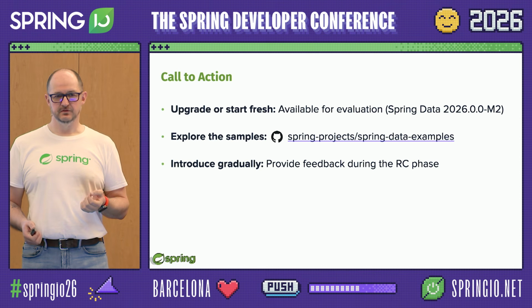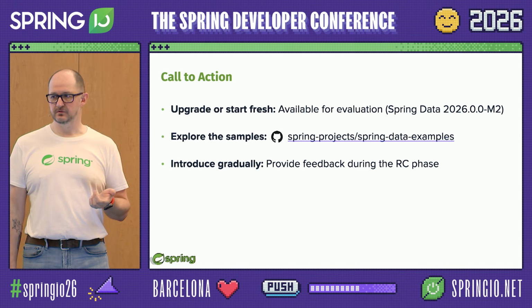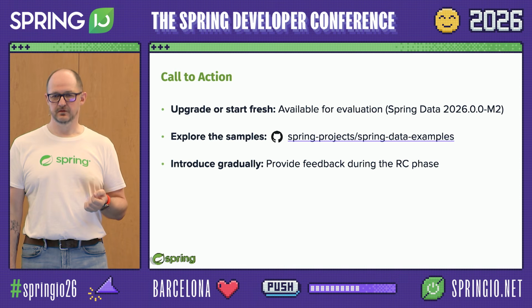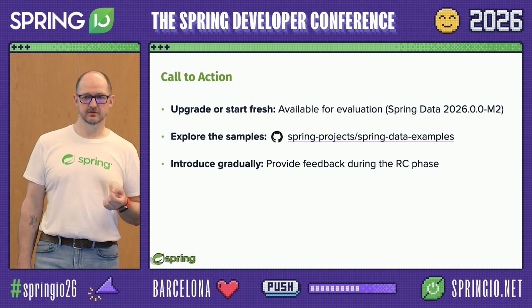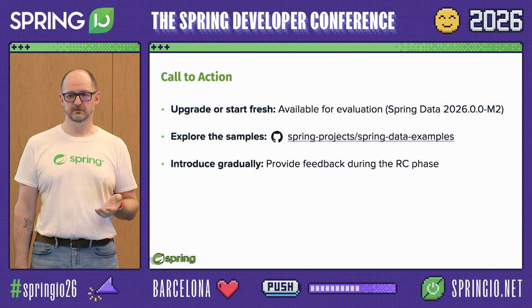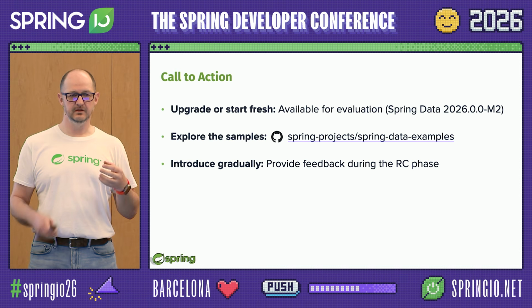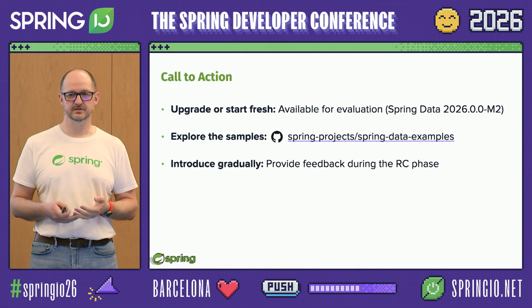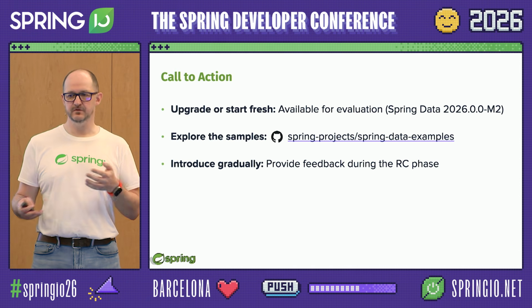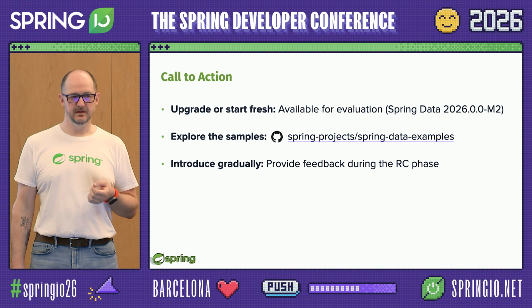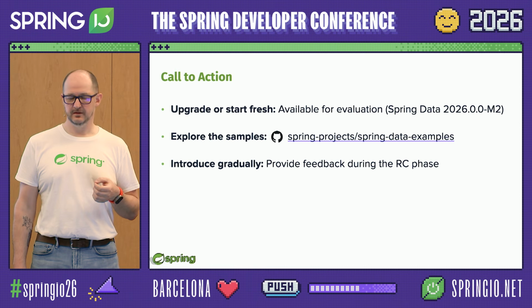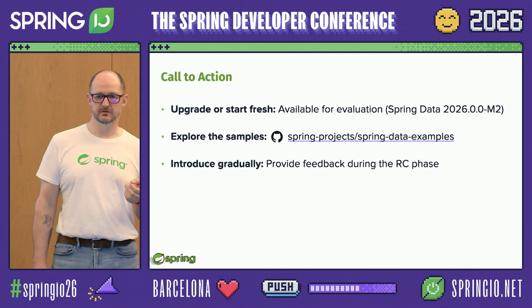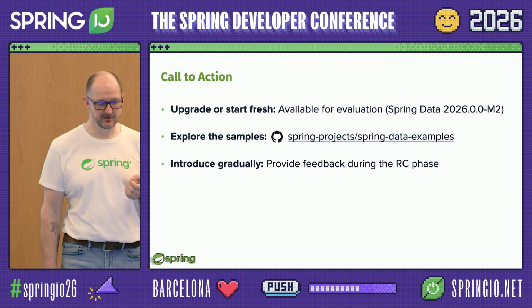If you get the chance to upgrade, to play around with type property paths, please do so. We have prepared a couple of Spring Data examples that are immediately available for your consumption that can help you in guiding and understanding how type property paths are being used. Even for the JPA part, that we might even remove if we feel that this is not the right approach, but at least we have learned something.